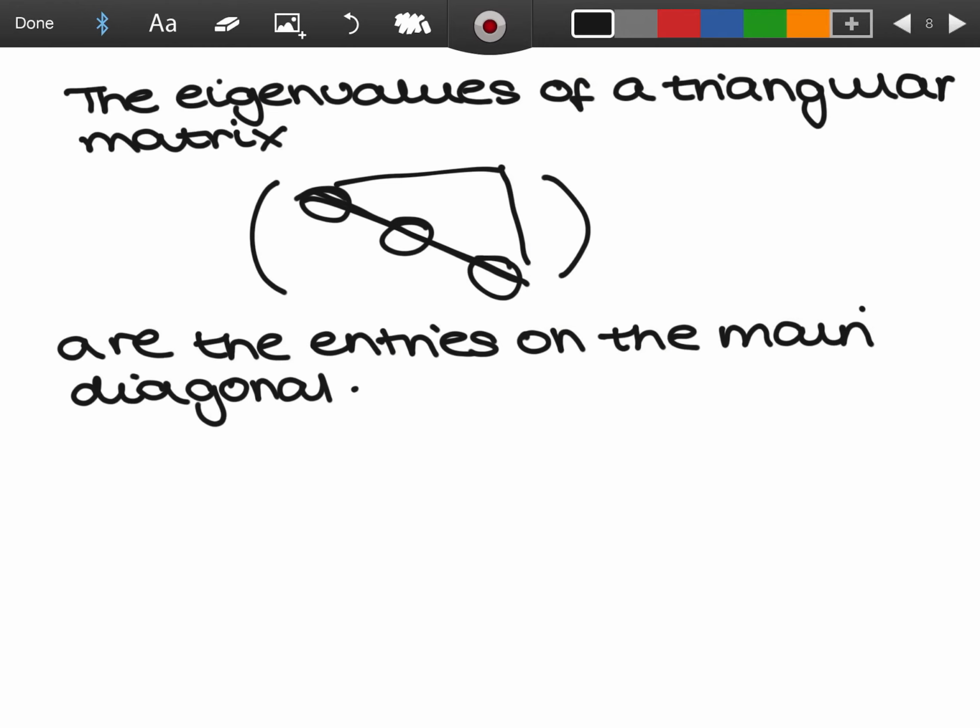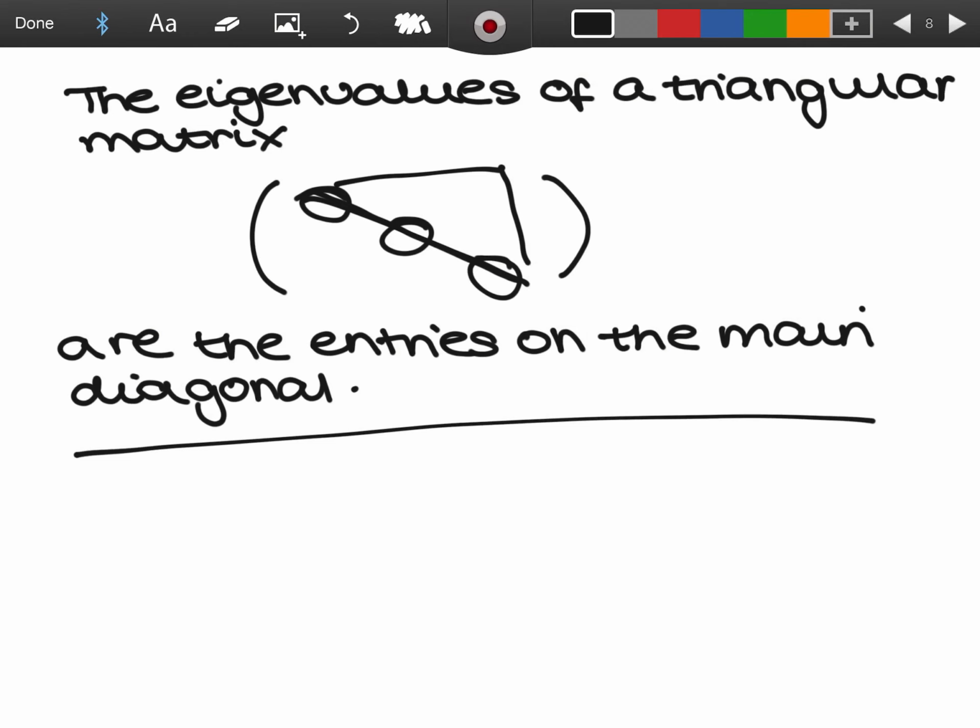If an entry occurs more than once, that just means that it is a repeated eigenvalue, which we'll look at more as we go through this chapter in chapter 5. But it is possible to have a repeated eigenvalue. There's just more to do with their eigenvectors that we will have to look at, but you do still count them almost like more than once in a way. So it doesn't matter if some of these entries are repeated, they are still eigenvalues.